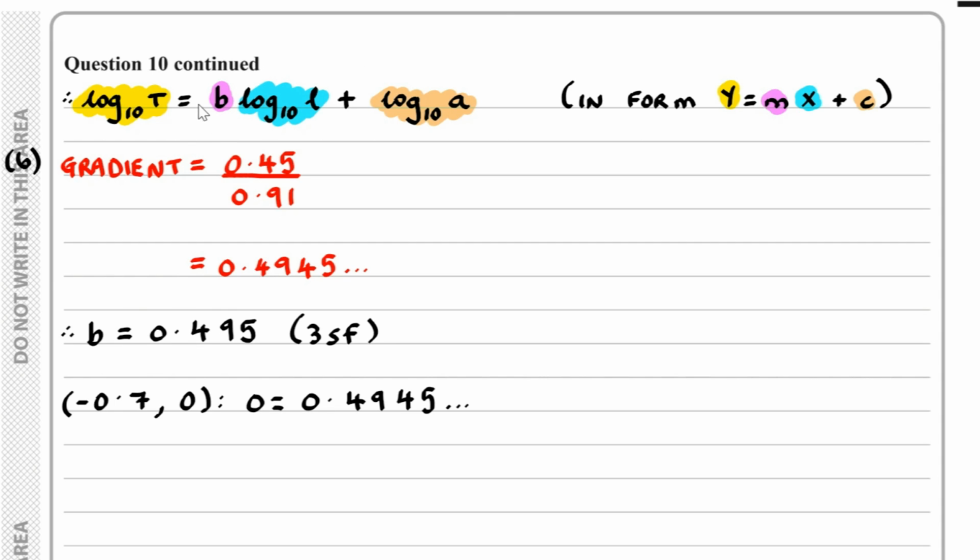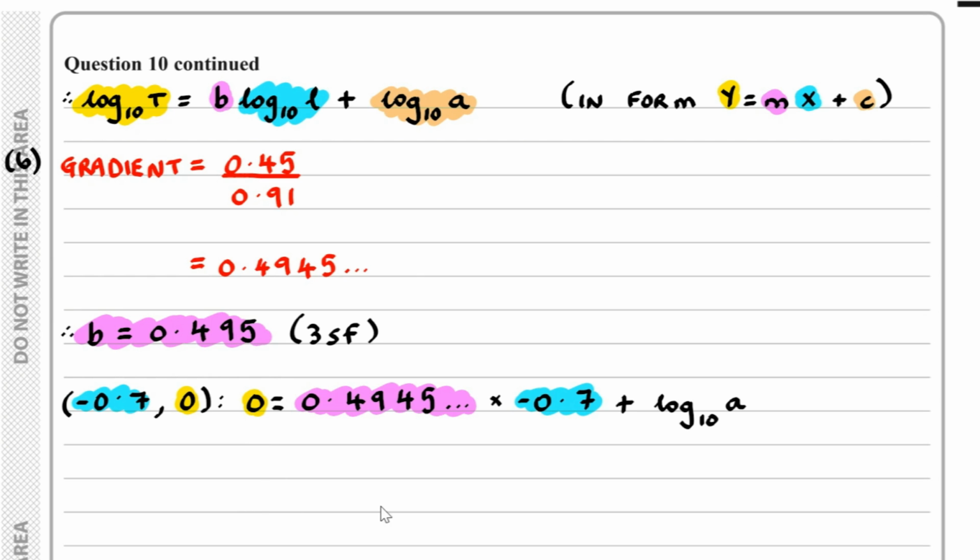We've got log base 10 of t, which is 0, then the value of b, which is 0.4945, etc., times the value of log base 10 of L, so that's minus 0.7, plus log base 10 of a.